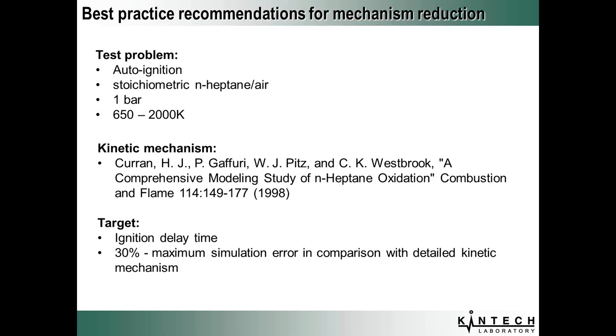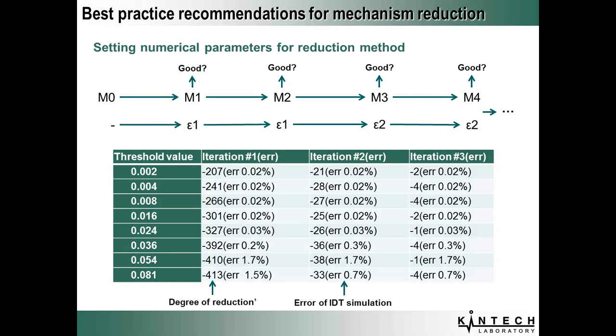There are three general best practice recommendations for implementing the mechanism reduction in your system. First of all, a recommendation is related to stating the numerical parameter for the reduction method. What I mean is, if you remember in the demonstration, we had some threshold value for neglecting reaction paths in the directed relation graph method.